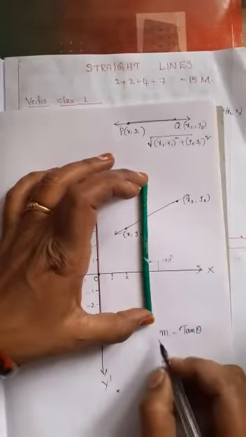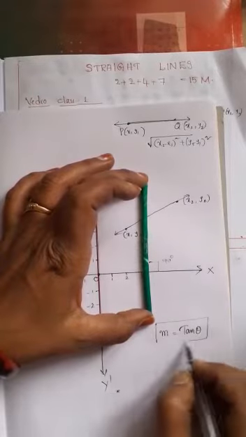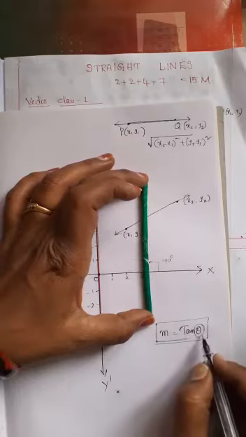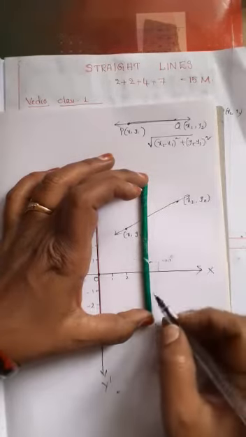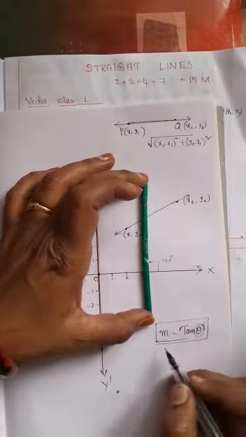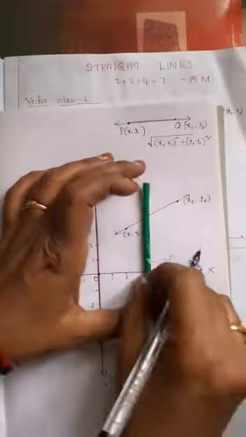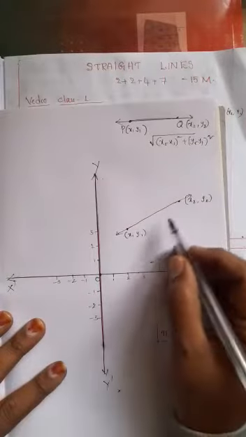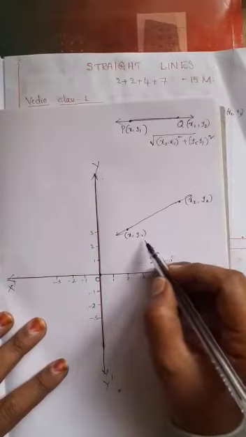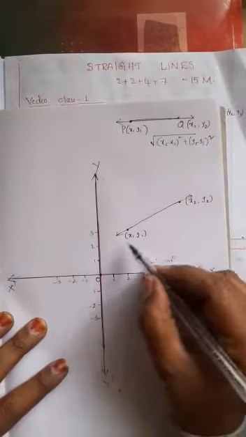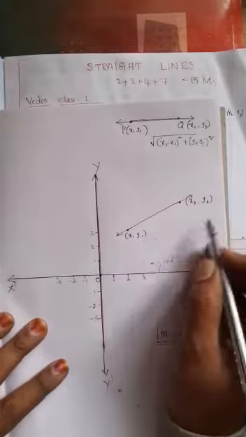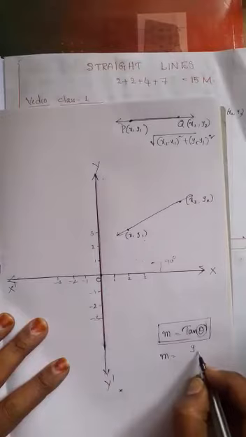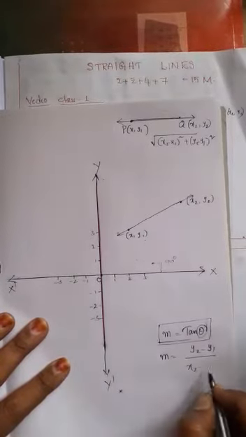The slope is given by m is equal to tan theta. If you know the inclination of the line, that is the angle theta, you can find the slope directly. But if you are given two coordinates, suppose a line passes through 2 points (x1, y1) and (x2, y2), then the slope of this line is given by (y2 minus y1) by (x2 minus x1).